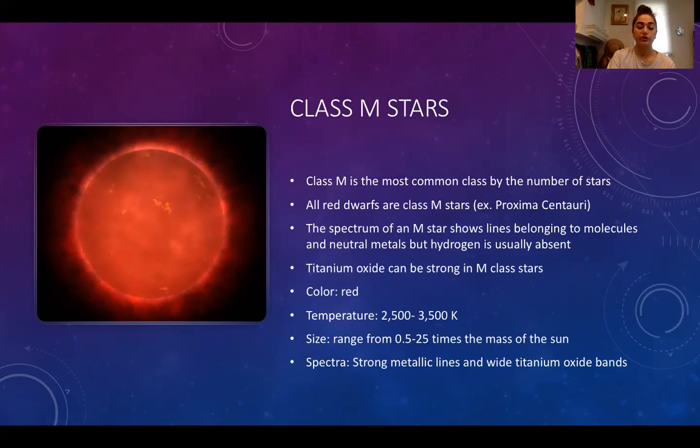At this point, hydrogen is completely not shown with class M stars. The color is red, which means the coldest, and their temperature around 2,500 to 3,500 Kelvin. They range from 0.5 to 25 times the mass of the sun, and they have strong metallic lines and wide titanium oxide bands.